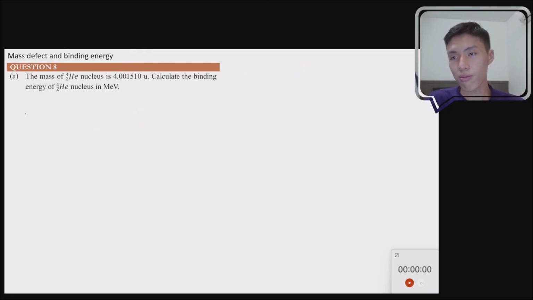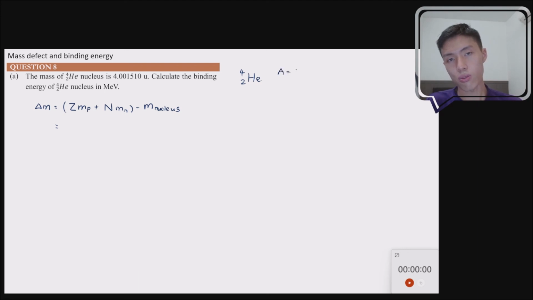So we can start by finding the mass defect first. Mass defect, if you remember, is the total mass of protons plus the total mass of neutrons minus the mass of the nucleus. So this is helium-4, with A equal to 4 and Z equal to 2, so the number of neutrons should be 4 minus 2, which is 2.